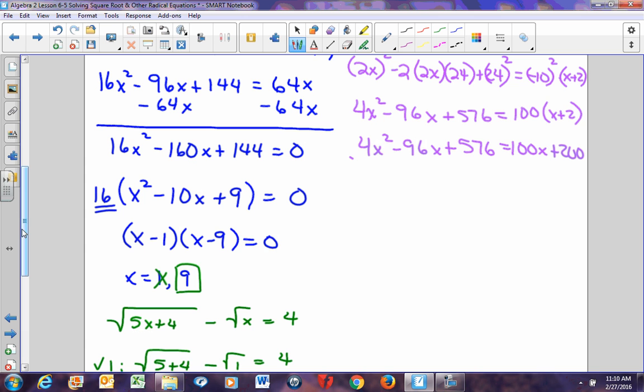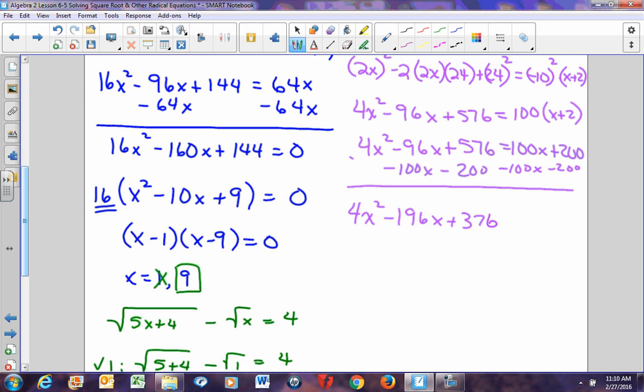So now we move everything to the left-hand side so we can factor it. Subtract 100x and subtract 200. So we will get 4x squared minus 196x plus 376 equals 0. All right. Everything's divisible by 4, thank goodness.